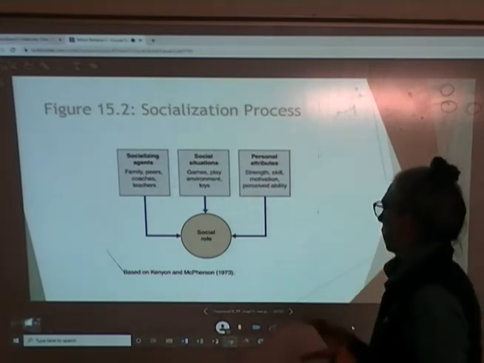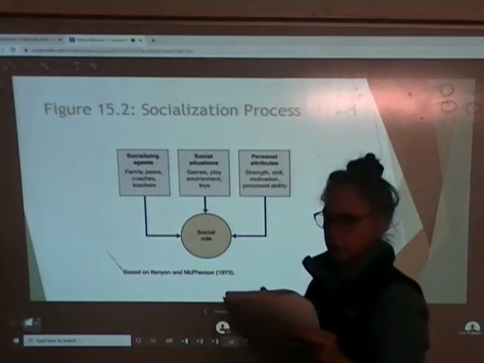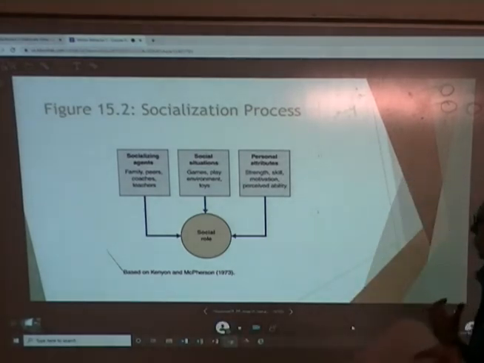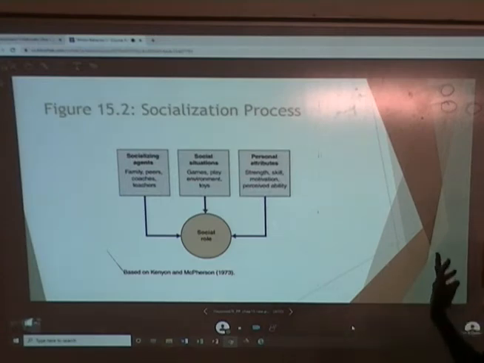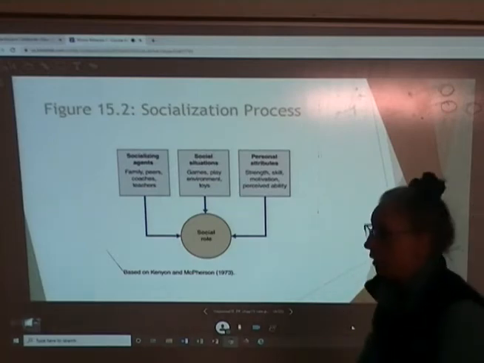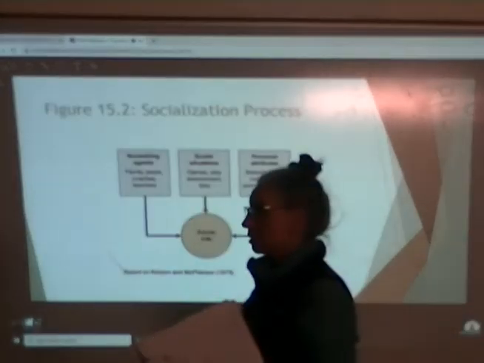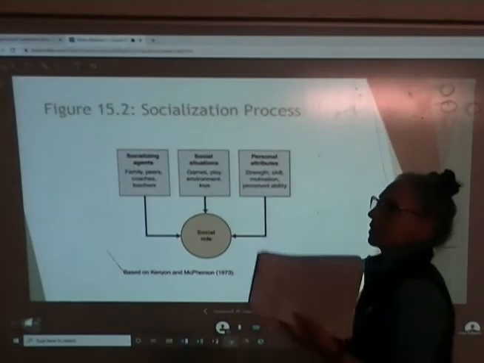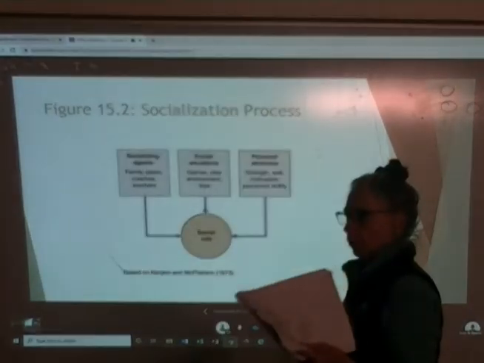One is socializing agents. Socializing agents are people who are significant to you, influential people. Typically when we're younger, that's likely to be our parents. As we get older, it becomes more our peer group.